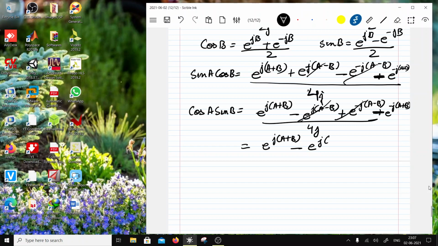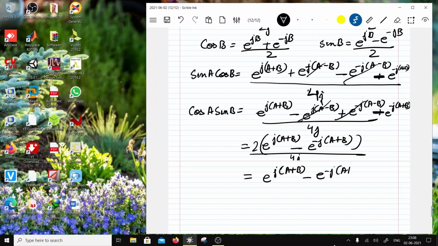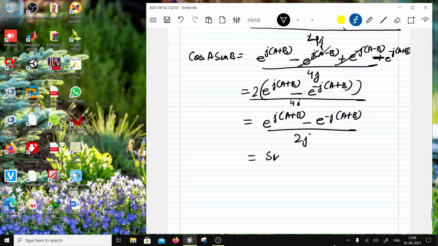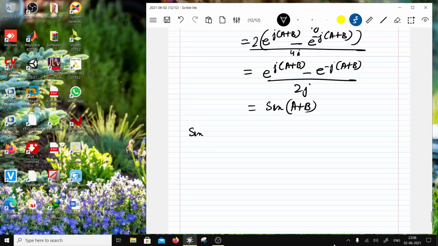Minus e raised to minus j a plus b, and this is appearing 2 times, divided by 4j. So this is equivalent to e raised to j a plus b minus e raised to minus j a plus b by twice of j, which will be equal to sine of a plus b. So I have proven that sine of a plus b is equal to sine a cos b plus cos a sine b.